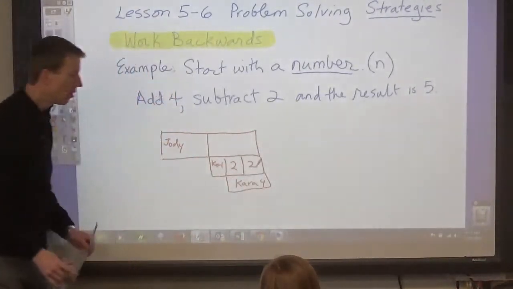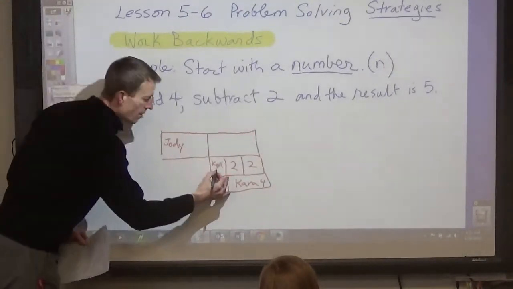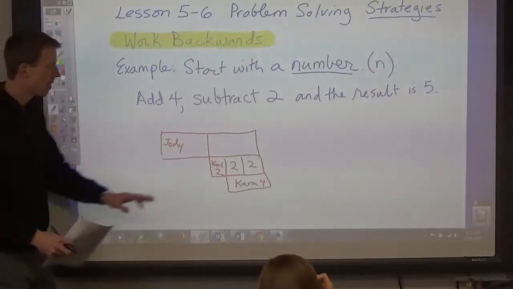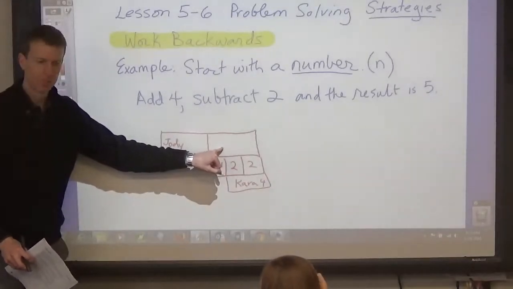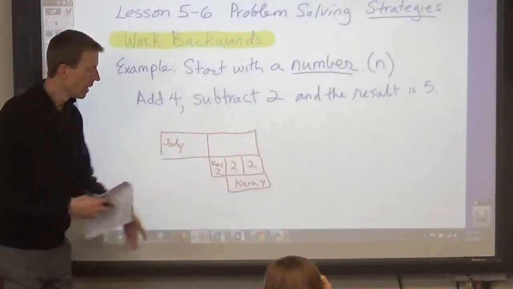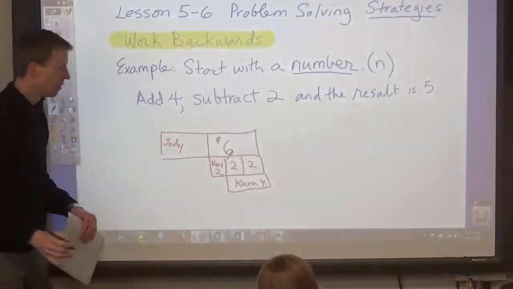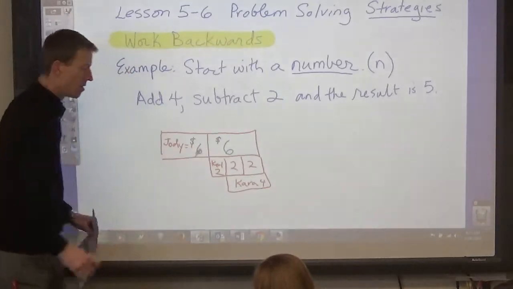And that means Carl's portion is $2. And that means that this much here: 2, 4, 6. That means that half of the pizza is $6, and Jody is paying the other half, which is $6.